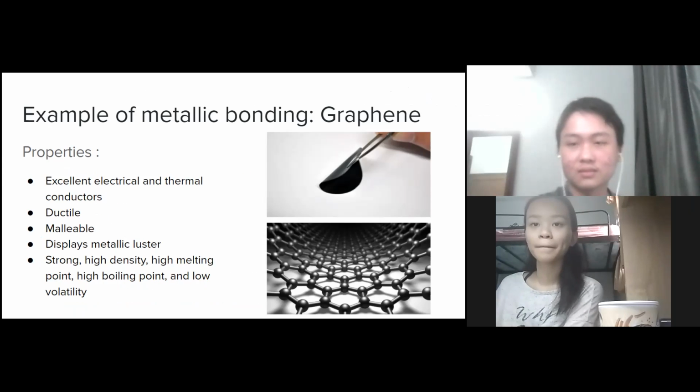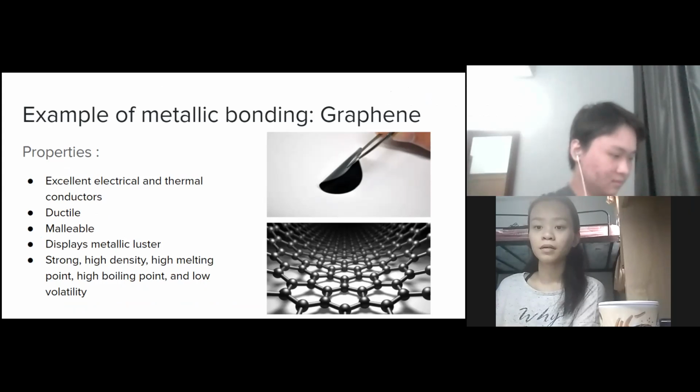Okay. So if you arrange it in the shell and orbitals, what will be the configuration of the electrons in the shell and the subshell? With 6 electrons, where are they located?